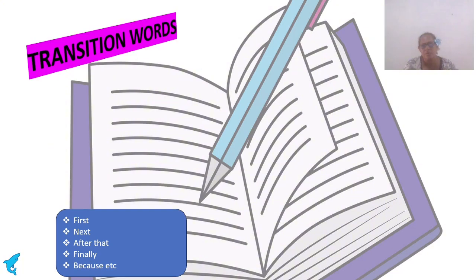They help the reader follow the flow of thoughts, and they show the order and give clear information. On this slide, the transition words are first, next, after that, finally, and because. You can use these linking words in your paragraph.